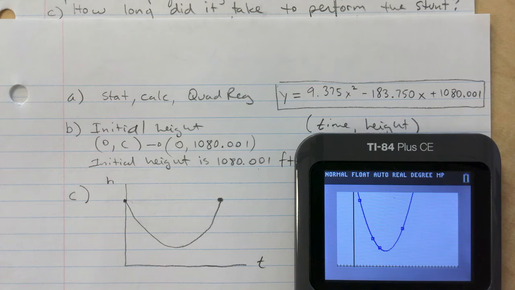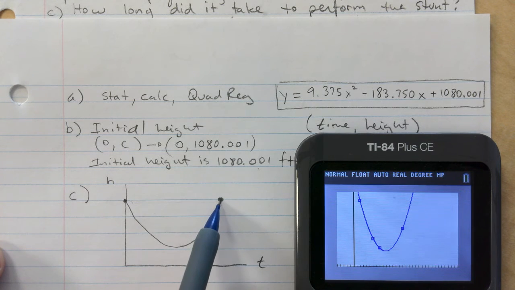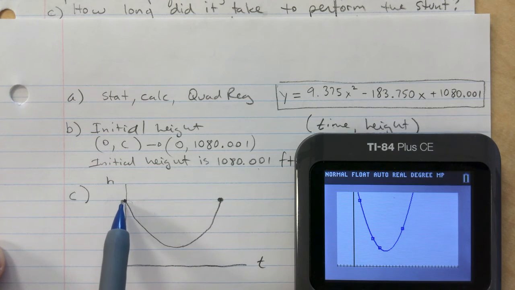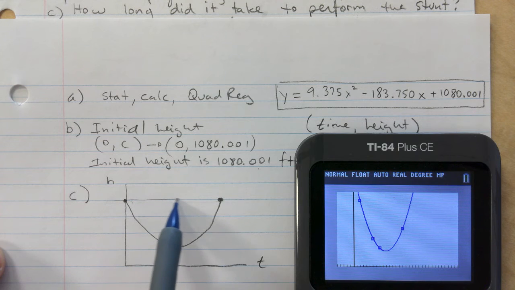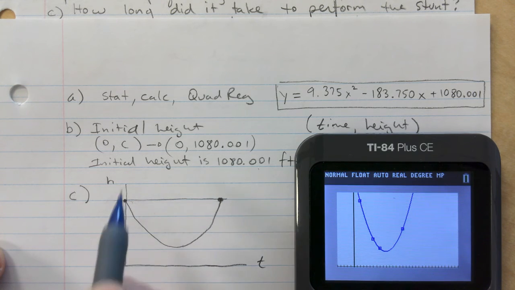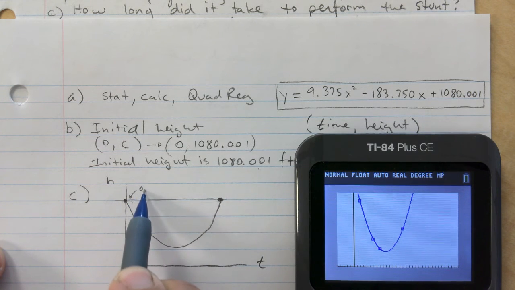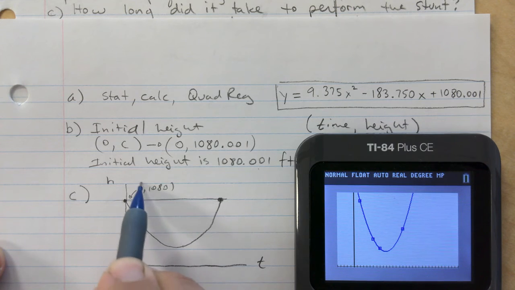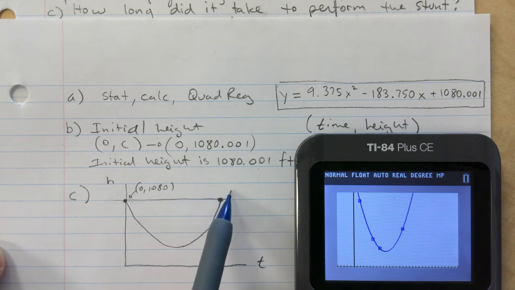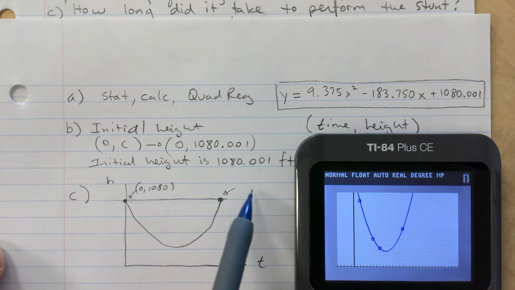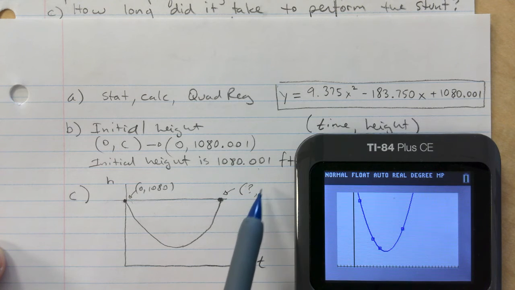So how long did the stunt take? Well, we need to know from here to here. So what I'm going to do is I know that this point right here is 0, 1080. I will find out what this point is, which is also something 1080.